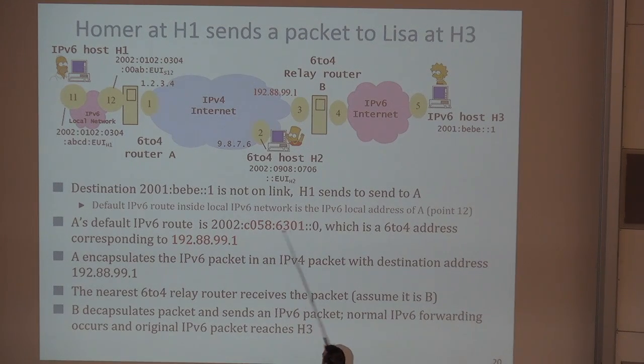And this is, in fact, the IPv6 address that corresponds to that IPv4 address here. Now we have an IPv4 packet that will follow its way to the internet. It will go to the nearest B router, which is again a 6to4 router. Now because B has received it on this address, it knows it's an encapsulated packet. It will decapsulate it. It will read the IPv6 destination address, but because B is on the IPv6 internet, it has a routing table and knows how to send it, so the packet will reach H3.